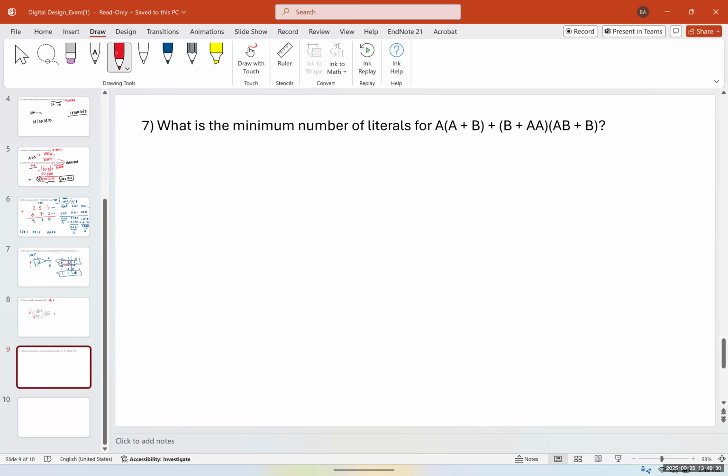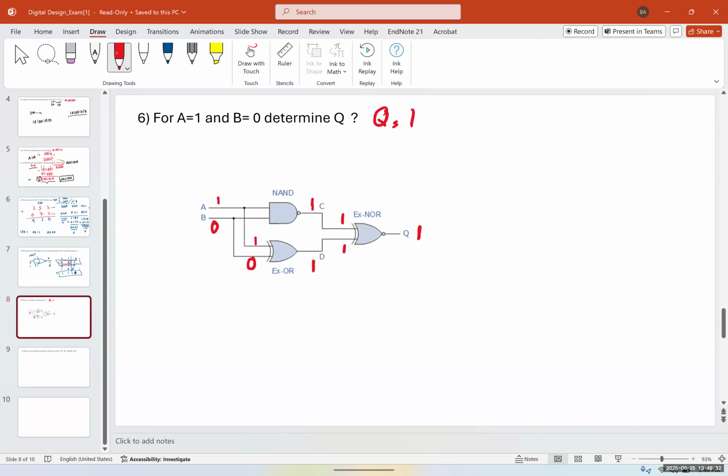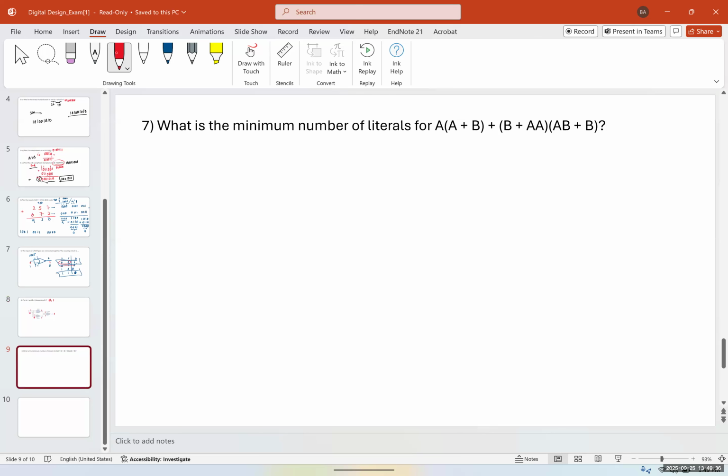Now, next question. Did you write that down? Can I go to the next question? Okay. What is the minimum number of literals for this function: A AND (A plus B), plus B AND A, plus A AND (AB plus B)? In other words, we want to simplify this function using Boolean algebra.